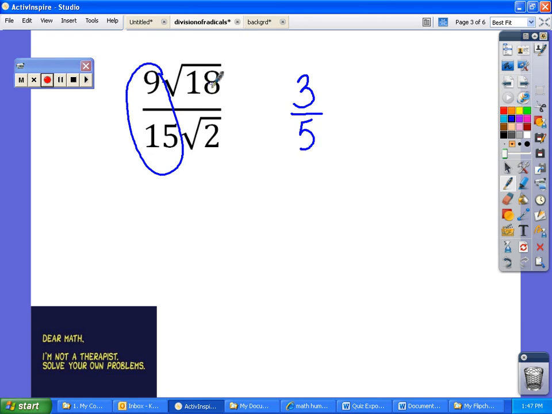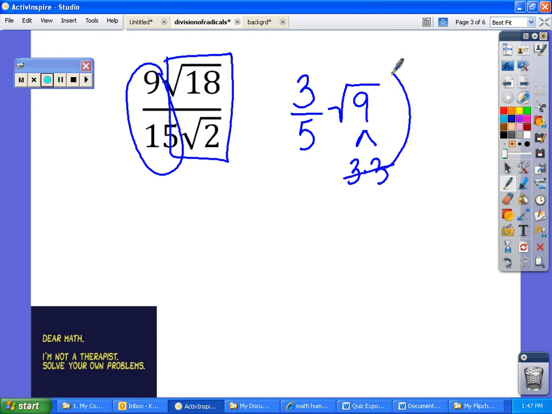I'm then going to do the square root of 18 divided by the square root of 2, which is the square root of 9, because 18 divided by 2 is 9. 9 breaks down to 3 times 3, so I have a pair of 3's, which will join this 3, making it 9 over 5, and there's no longer a radical because there's nobody left at home.